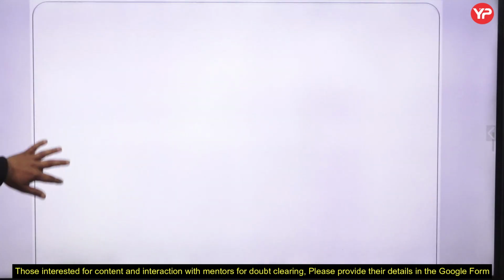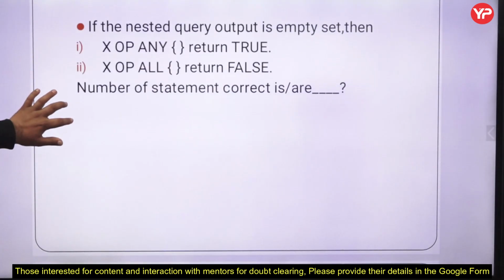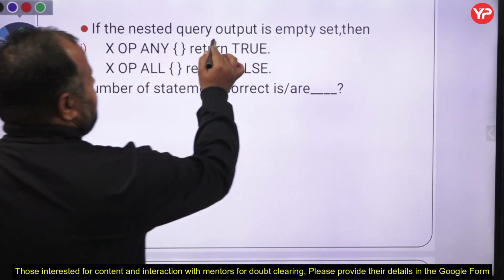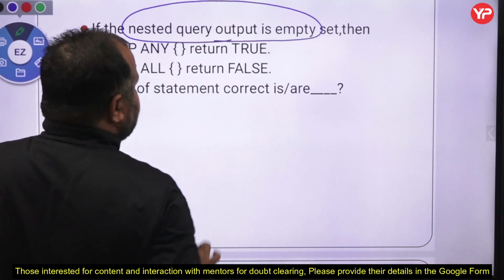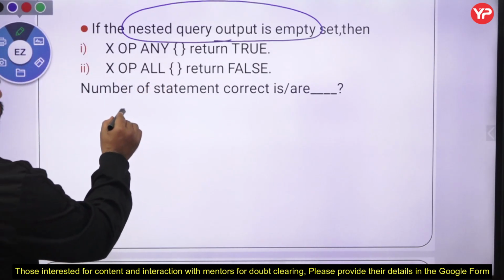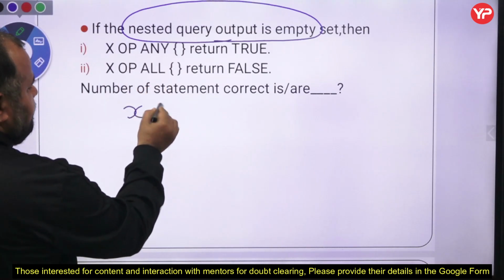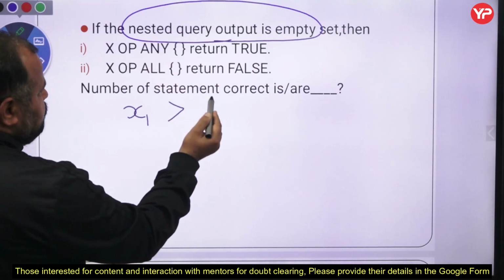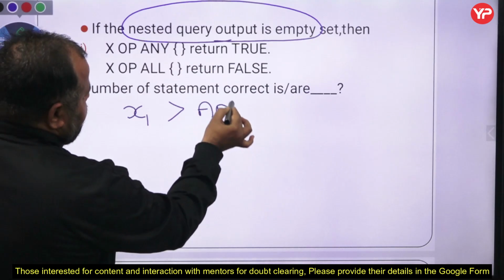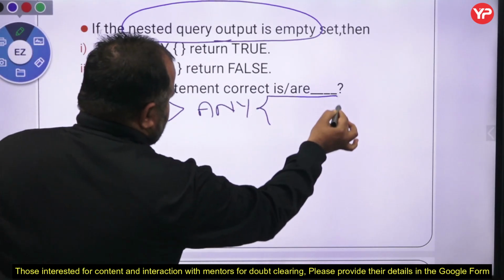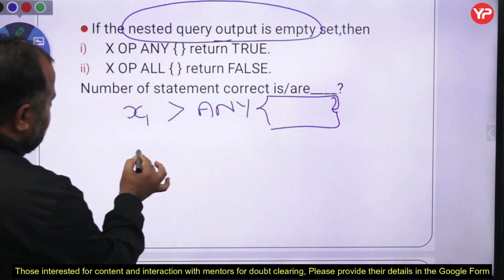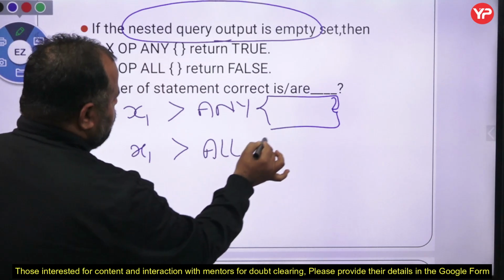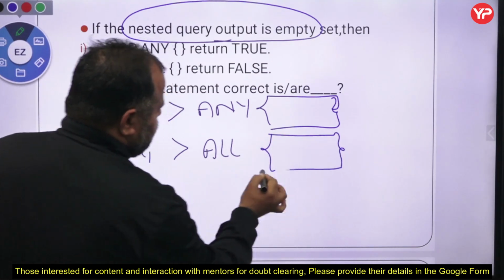Now my dear students, that is a very important problem. See, if the nested query output is empty, then x is any value, suppose x1 operator, you can take any operator, maybe greater than, less than, not equal to, less than or equal to, greater than or equal to, then any with an empty set, and here again x1 greater than all of the empty set.